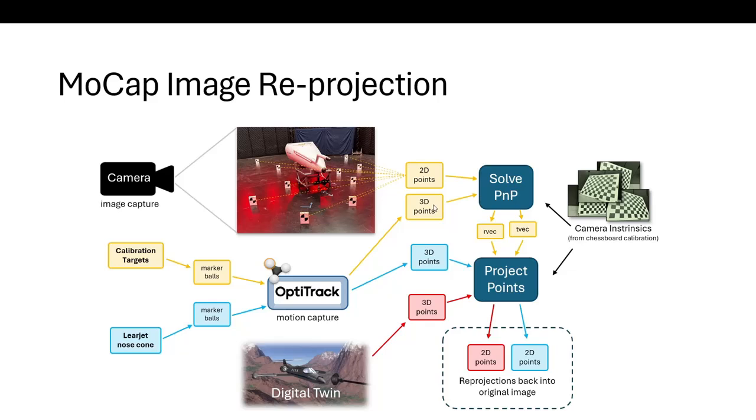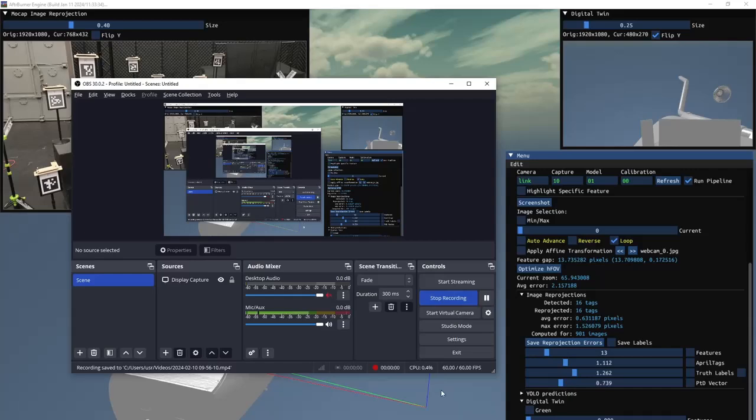With the 2D and 3D point correspondence, the solve perspective-n-point returns the rotation and translation of those tags relative to the camera, and ultimately that allows us to not only reproject those same tags back into the image with very minimal residual pixel error, but it also allows us to take any three-dimensional point within this motion capture space and reproject it back into the image.